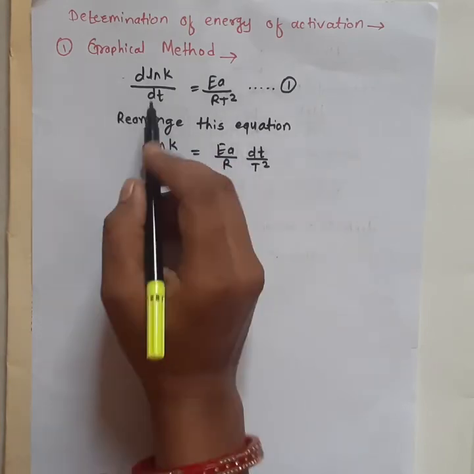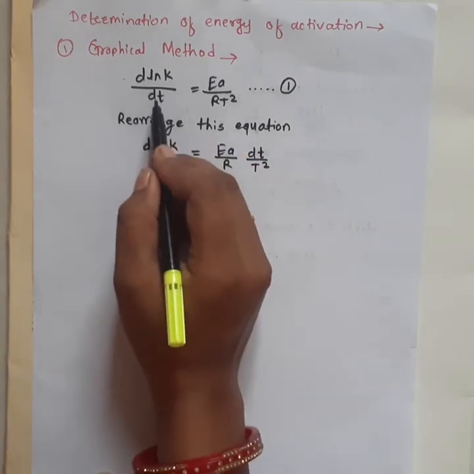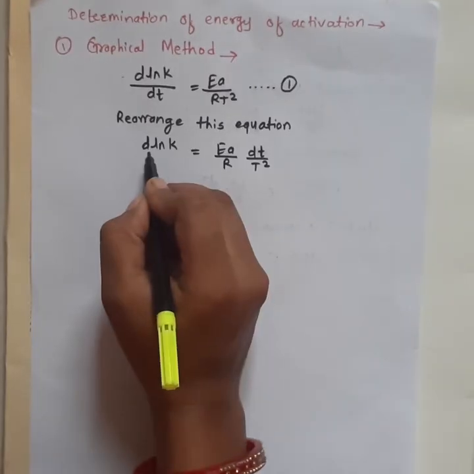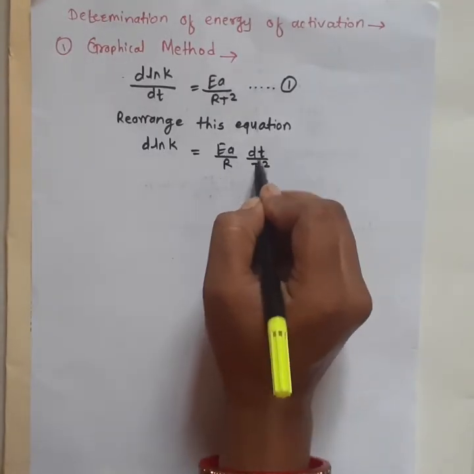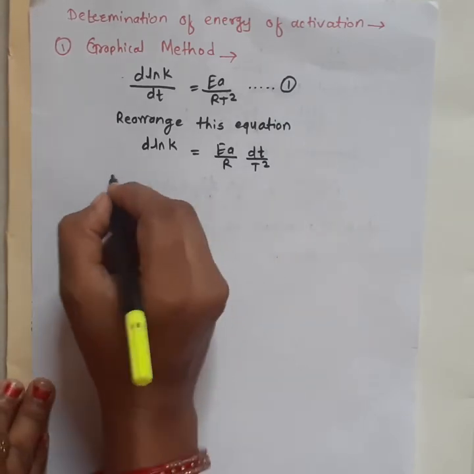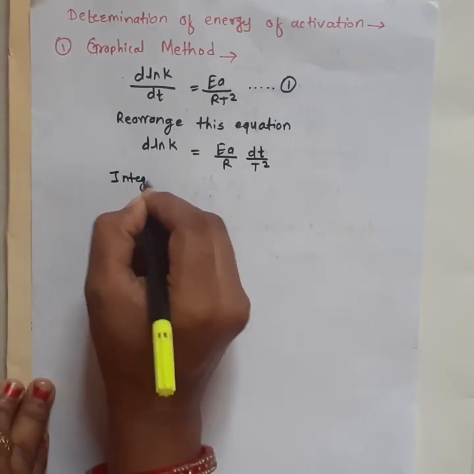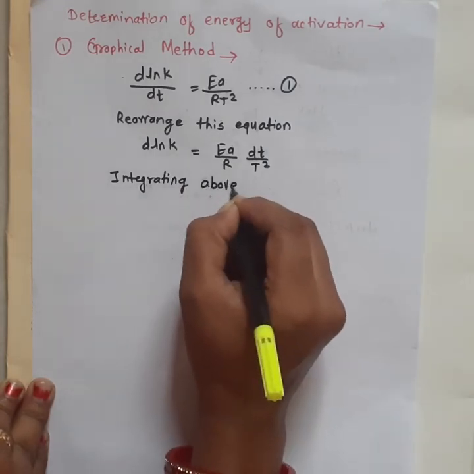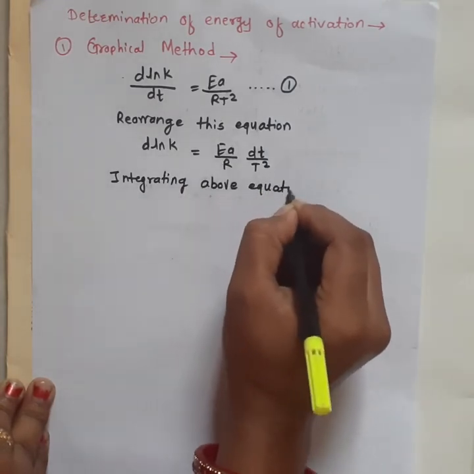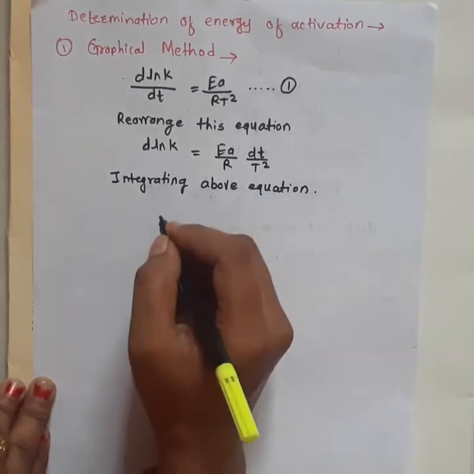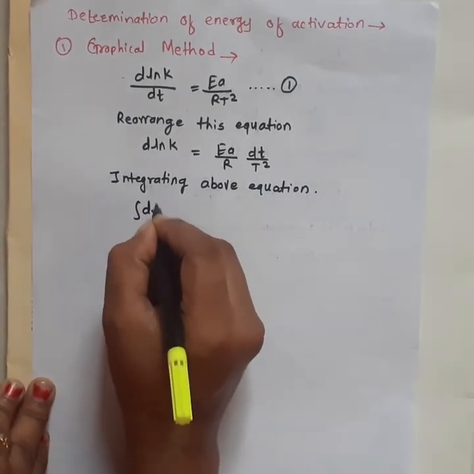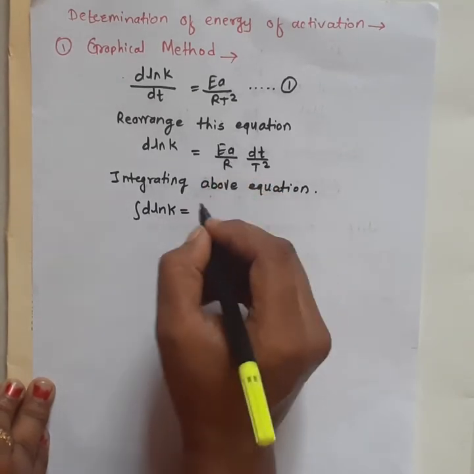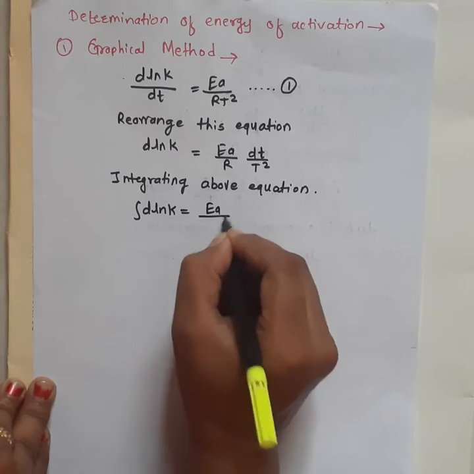So this is the Arrhenius equation, d ln k upon dT is equal to Ea upon RT square. If we rearrange this equation, d ln k is equal to Ea upon R dT upon T square. Integrating the above equation, the integration of d ln k is equal to Ea upon R, which is a constant, so we take it outside the integration.